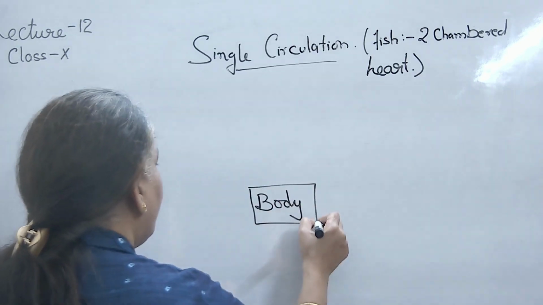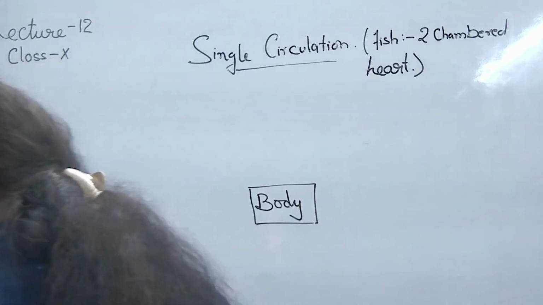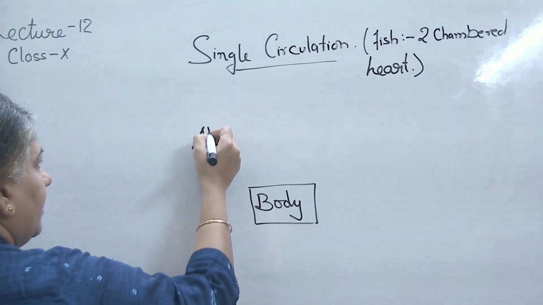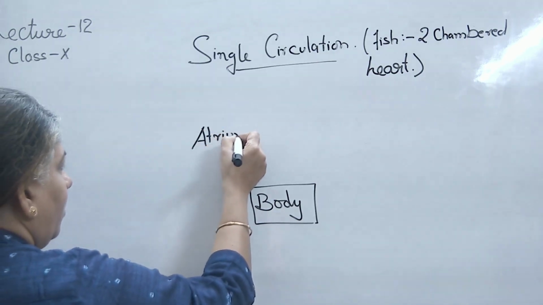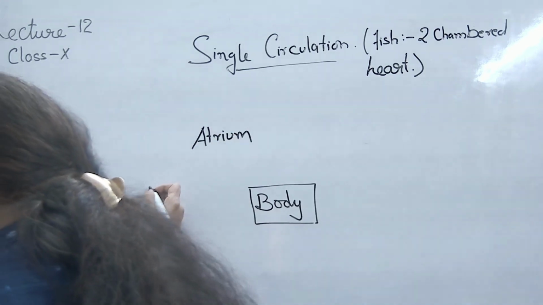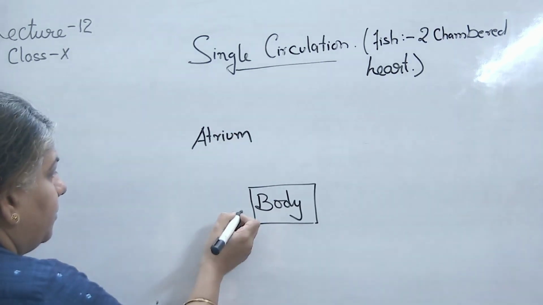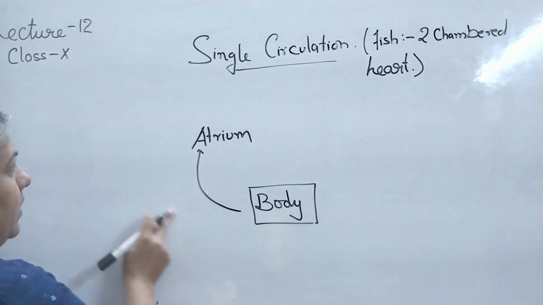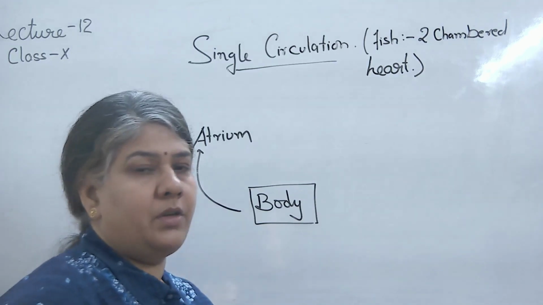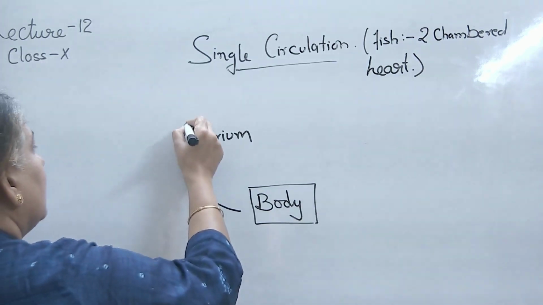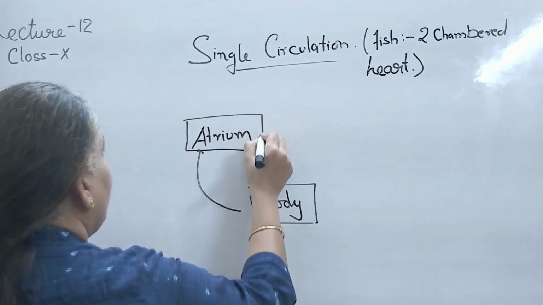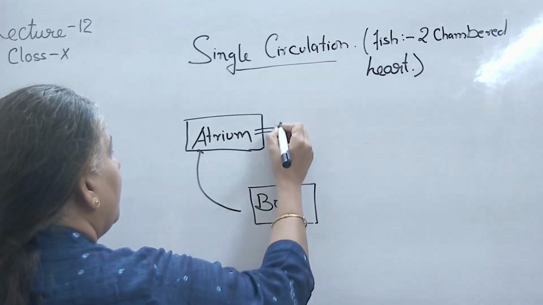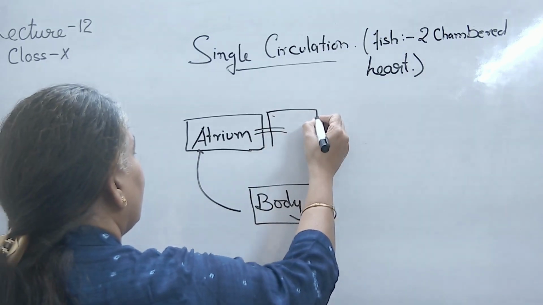The blood from the body will be poured into the atrium. So atrium, which is the upper chamber of the heart, receives the blood from the body. So it is receiving deoxygenated blood, and from the atrium it is poured into the ventricle.